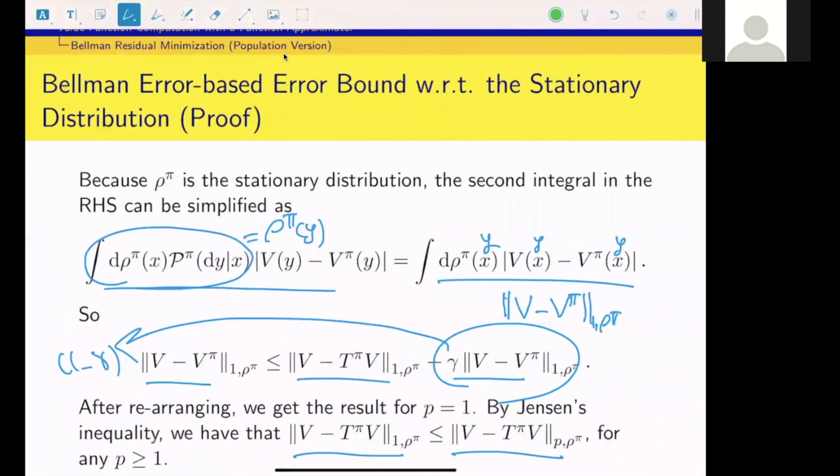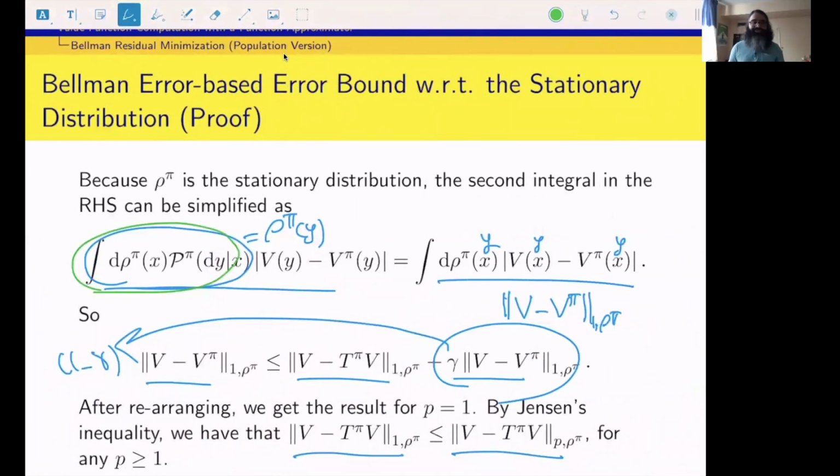Okay, and then I guess in the next step I use this stationary property to convert these two integrals, if you wish, to just one integral over rho pi. So here the integration is over both x and y, but because of the stationary property, the effect at y is essentially the same as x being from the stationary distribution.